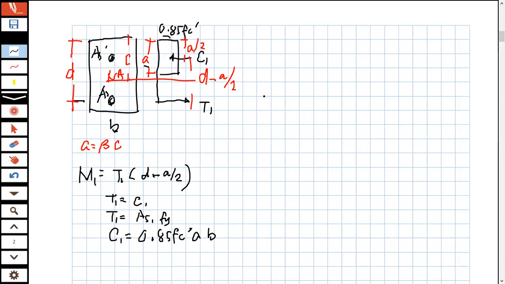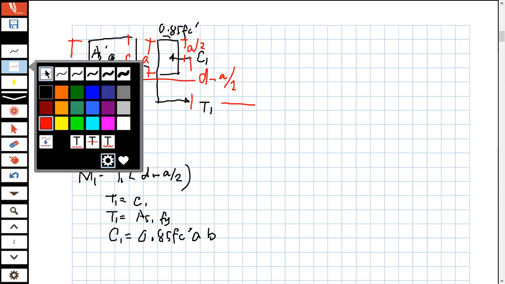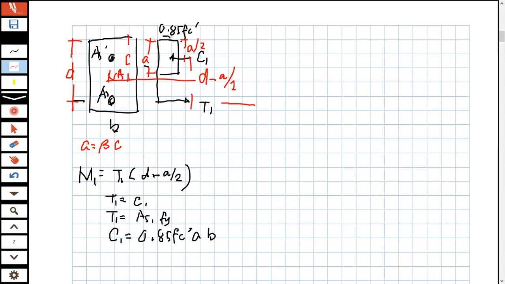How about for M2? So let us draw M2. Here is the reinforcement for that. So our C2 is here, at the location of the reinforcement, and here is the T2.